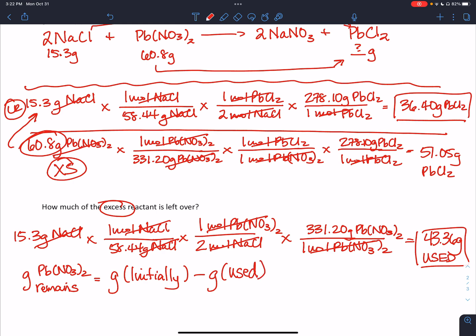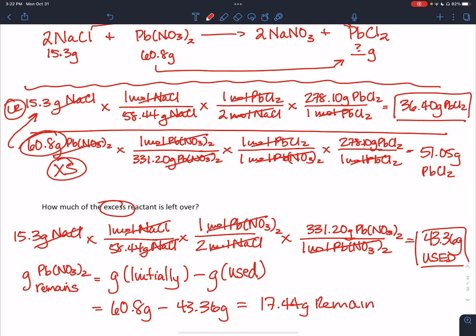All right, so if I look at the problem, I had 60.8 grams initially, and then I used 43.36 grams during the reaction. So I should have 17.44 grams of that Pb(NO3)2 remaining.